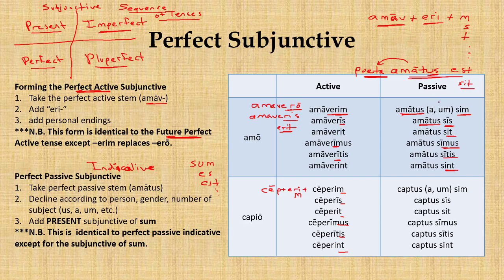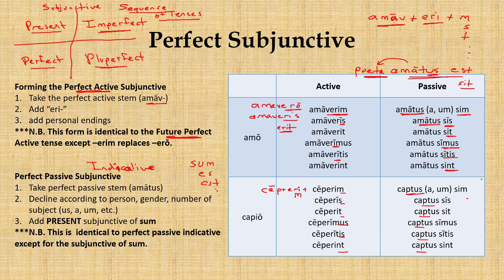So poeta amata sit. All right. And it also works the exact same way for our other conjugations. We just use our fourth principal part and then use the subjunctive of sum, the present subjunctive of sum.